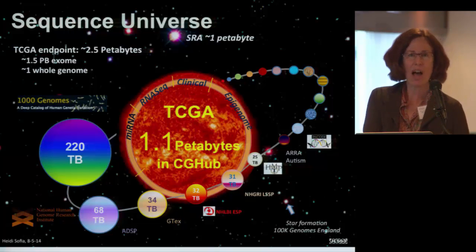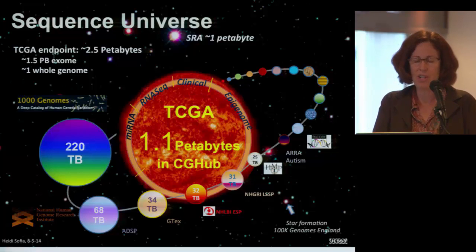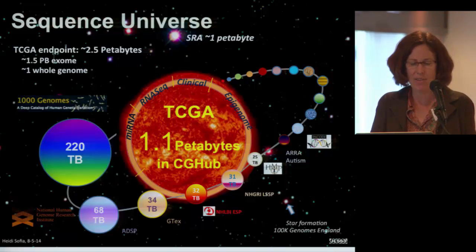In terms of sheer size, TCGA has the largest amount of data currently at about 1 petabyte stored in CG Hub, with an endpoint estimated at 2.5 petabytes. Then there are these other large projects that you may have heard about, showing their relative scale. The next largest is 1,000 Genomes, followed by the Alzheimer's sequencing project, the GTEx project, the NHLBI ESP program, and so on.